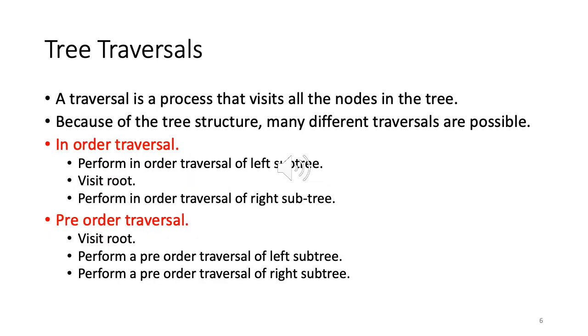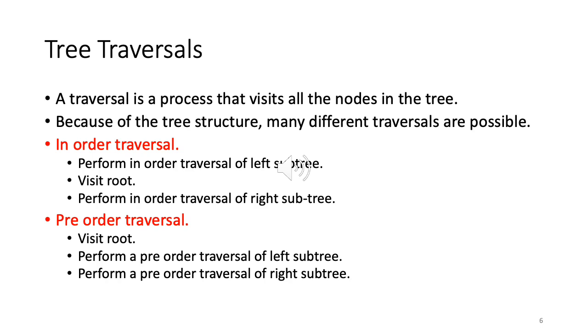Now I am on slide number 6, titled Tree Traversals. We'll discuss 3 different kinds of traversals. We will define them, do an illustrative example on a sample tree, and finally write a program for them. So what is a traversal? A traversal is a process that visits all the nodes in the tree.